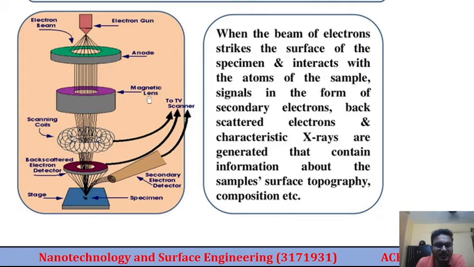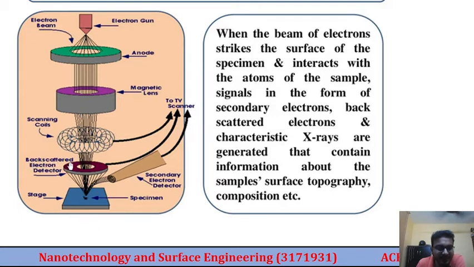The second part is the magnetic lens, and after passing through the magnetic lens, it passes through the scanning coils. So here we are having these scanning coils, and then they are passed in such a way that they get concentrated towards the specimen. Here we are having two forms of detectors.